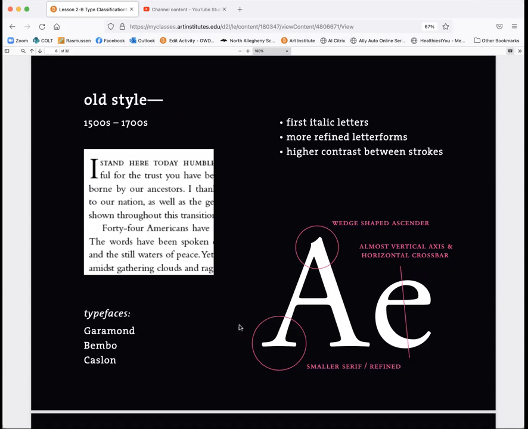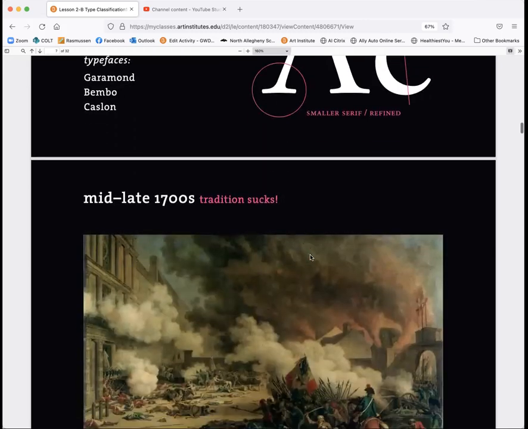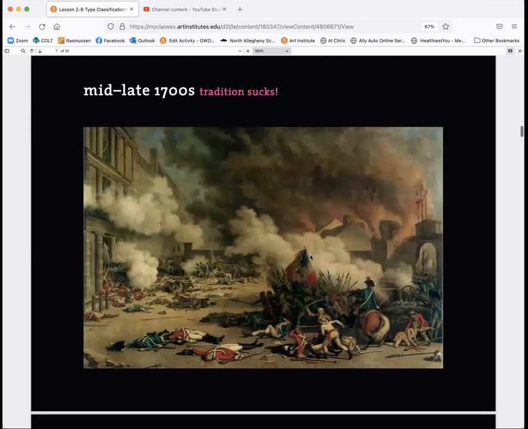They're more refined letter forms, with higher contrast between strokes. As you can see here, the serifs are smaller. You can see on this A the wedge-shaped ascender, which is a telltale sign that this is an old style classification typeface. There's an almost vertical axis and a horizontal crossbar, as you can see in this lowercase e.